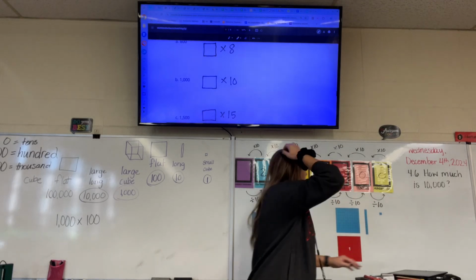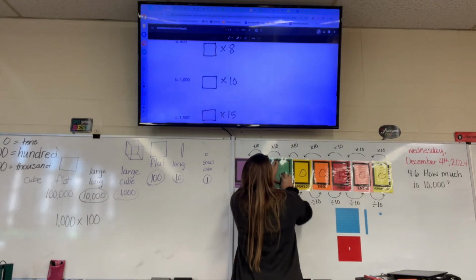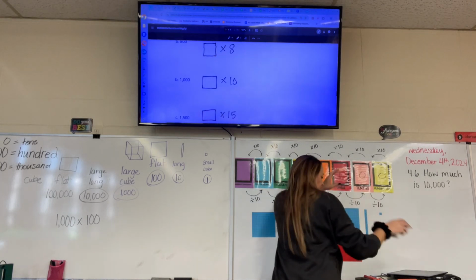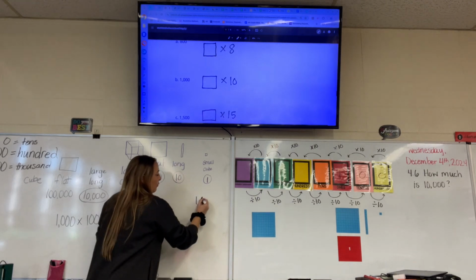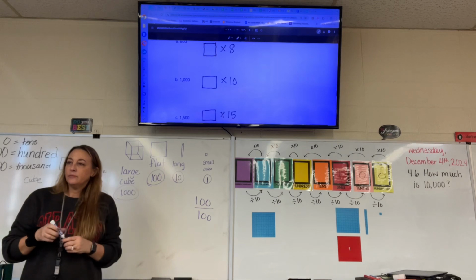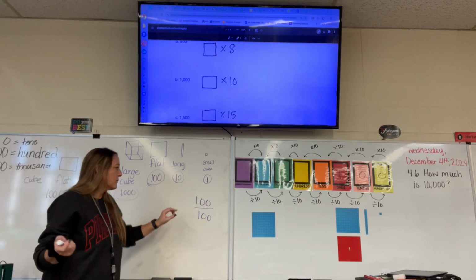I have to show you something cool real quick. We're going to pause because on our place value chart, if we want to show 100 hundredths, that's the same as what? 1 whole. Okay?